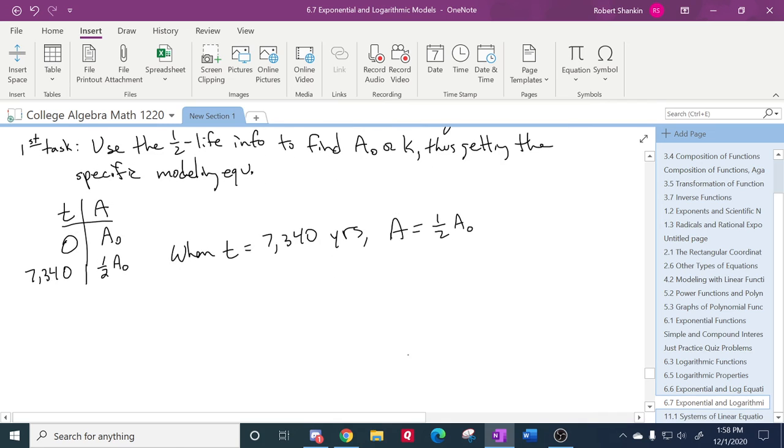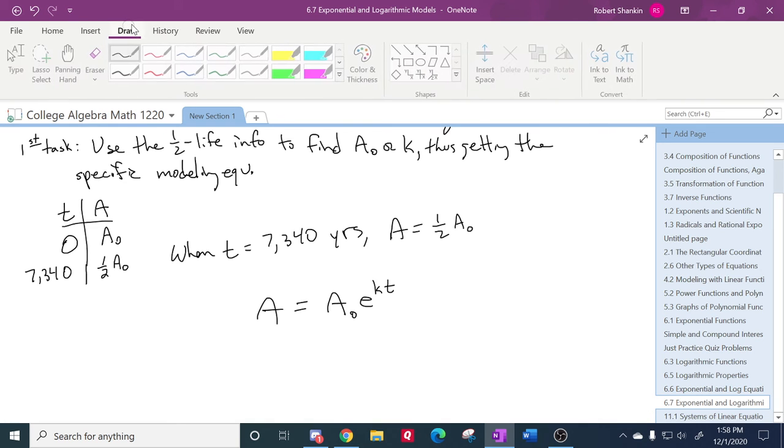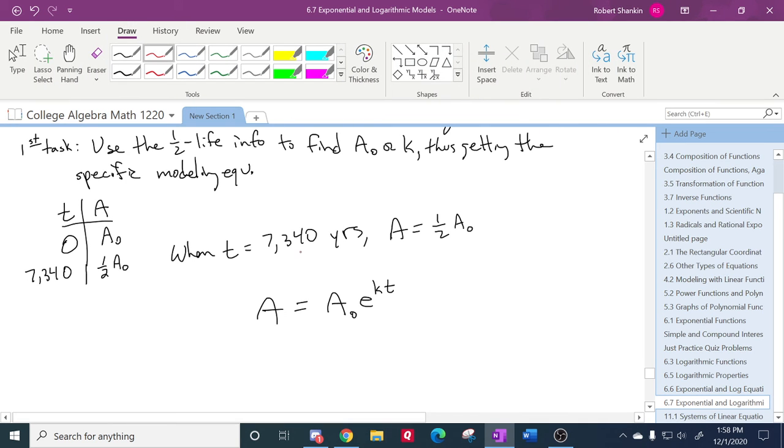Okay, we're going to put that into this equation, the general modeling equation. So this goes in here.